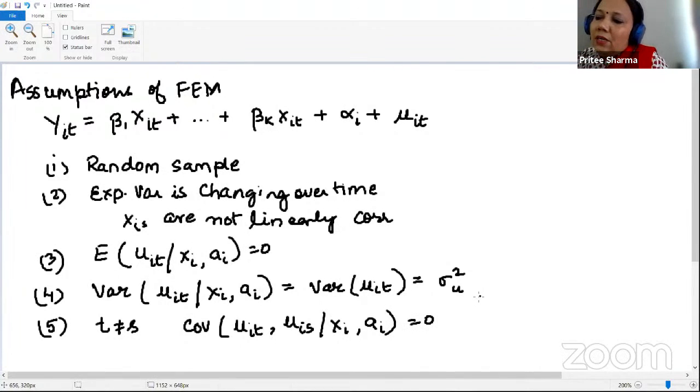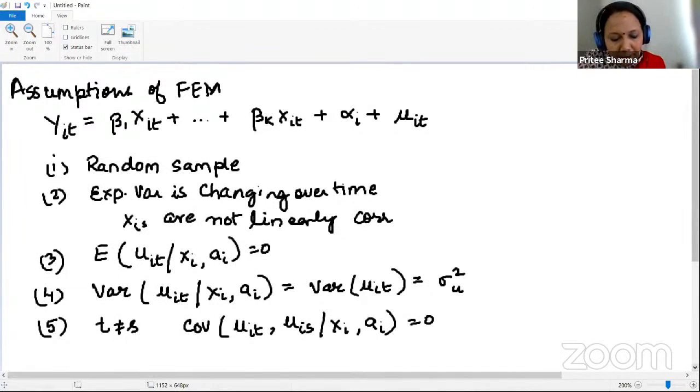Now, the explanatory variables, the intercept terms and the error terms are independent and identically distributed as a normal distribution with mean 0 and sigma mu square as the variance, or standard deviation sigma mu. So these are the assumptions of the fixed effect model.